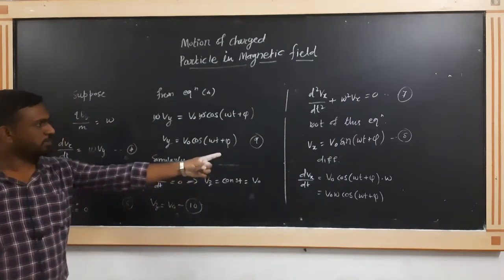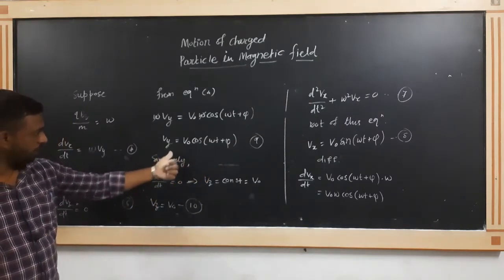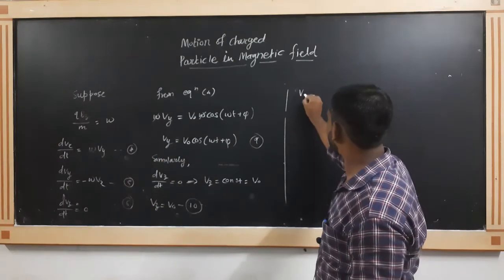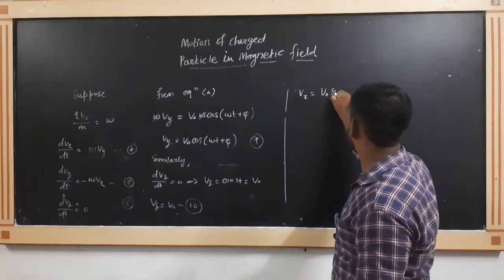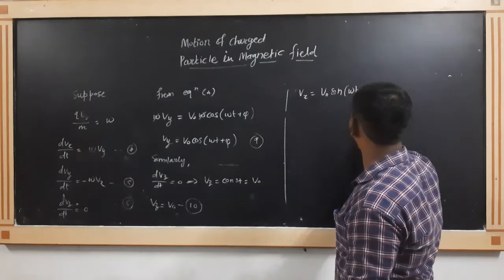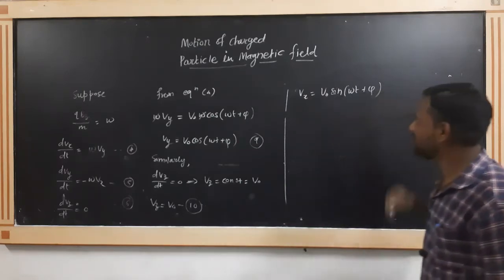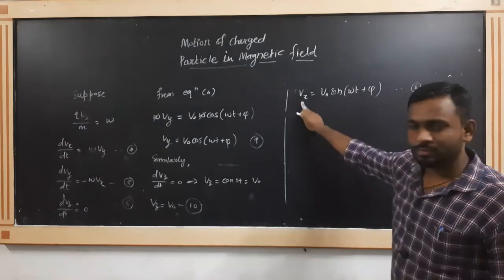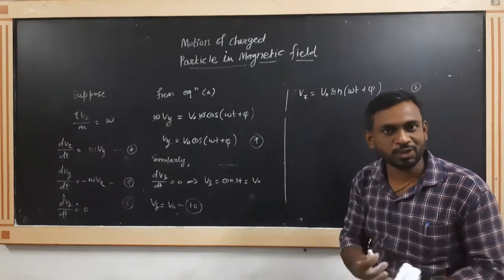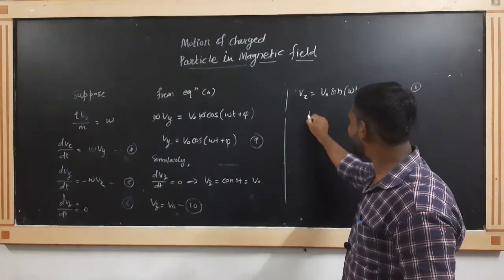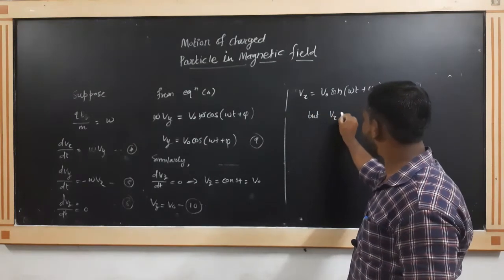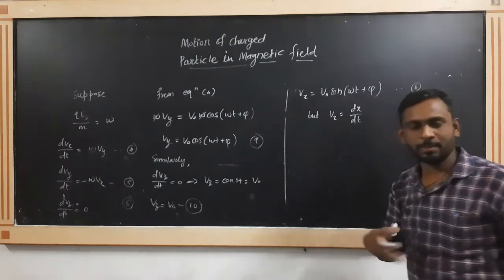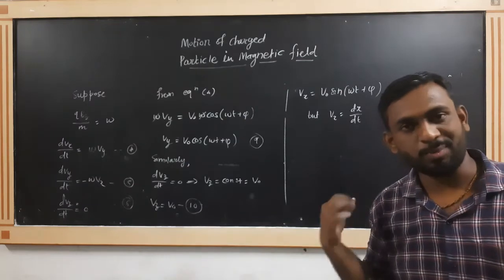So we have a vx value, a vy value, and a vz value. For vx, vx is equal to v0 sine of omega t plus phi. This is equation number 8, which we have already discussed. How do we write this vx in terms of displacement, in terms of the position of the charged particle? Vx is equal to dx upon dt, since velocity is the derivative of displacement.